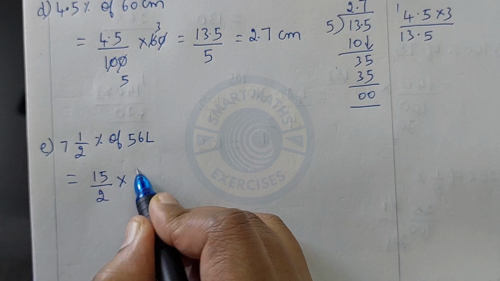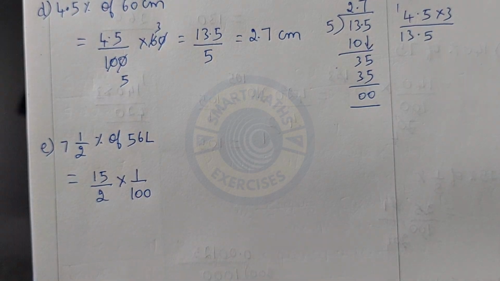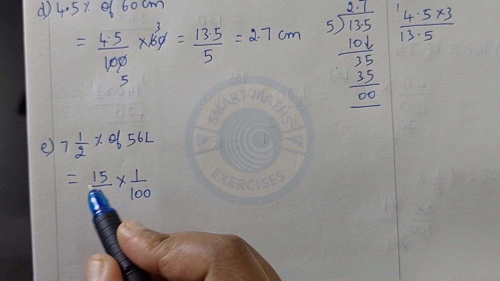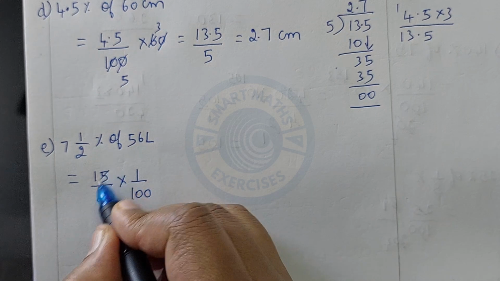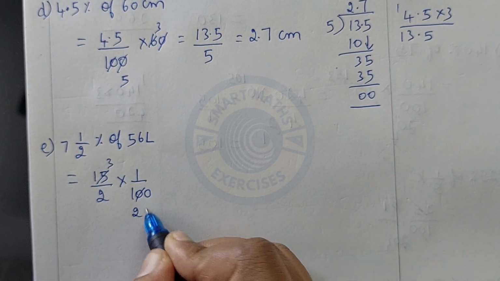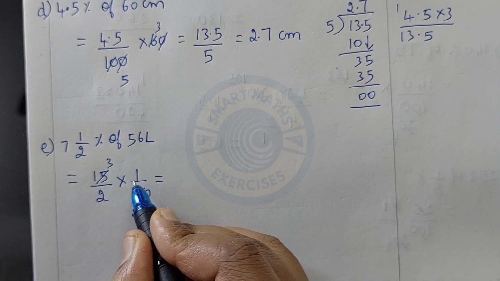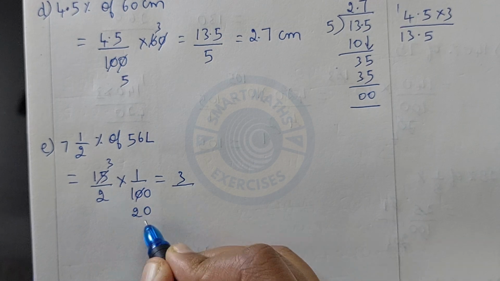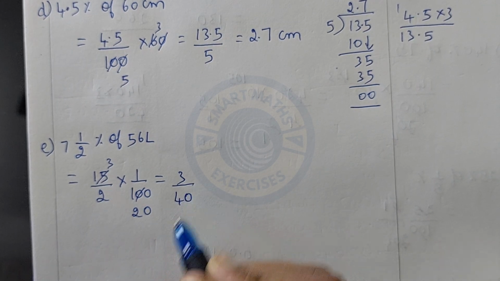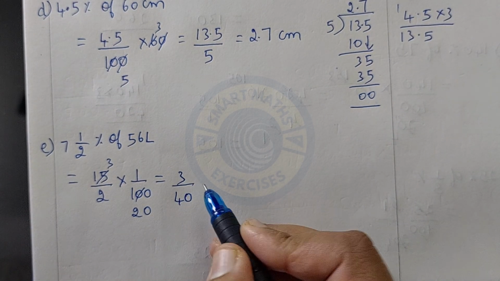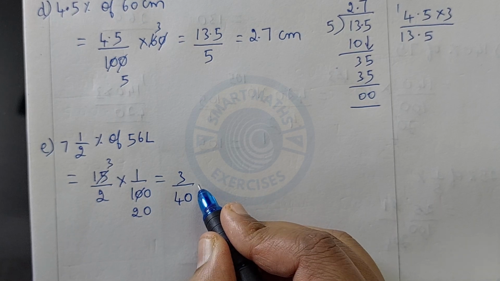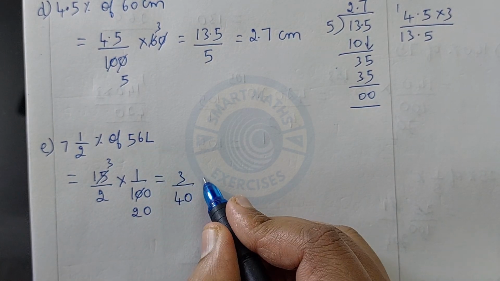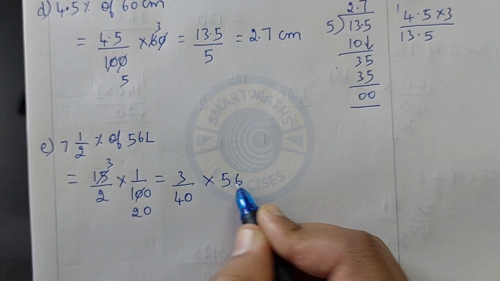When you convert, it becomes 1 by 100. Here we can simplify 15 and 100. Both go in 5 table. 5 3s are 15, 5 20s are 100. Multiply this, 3 1s are 3, 2 20s are 40. So 3 by 40. Now you can multiply this with the quantity into 56.